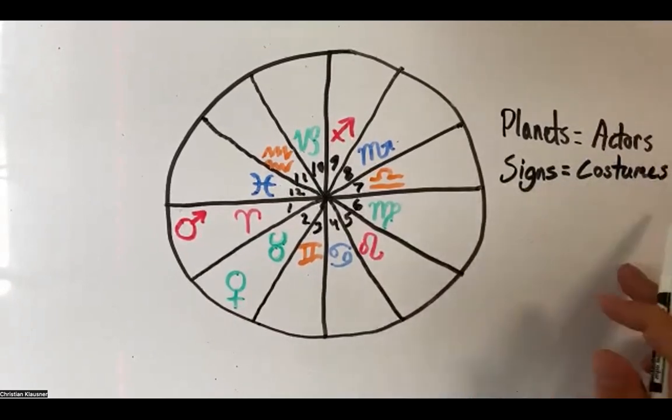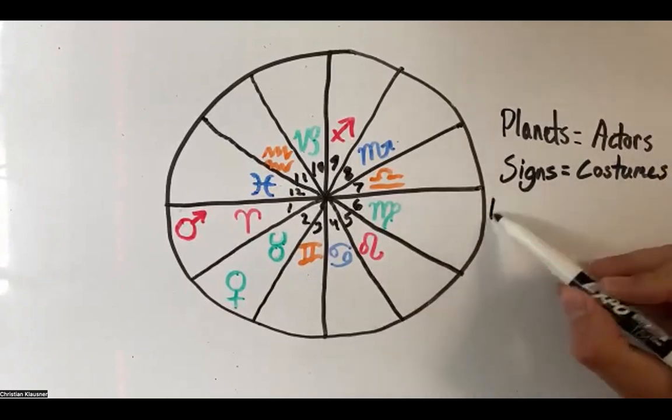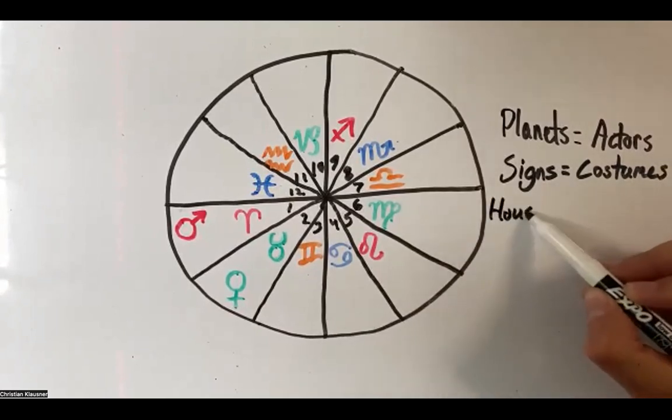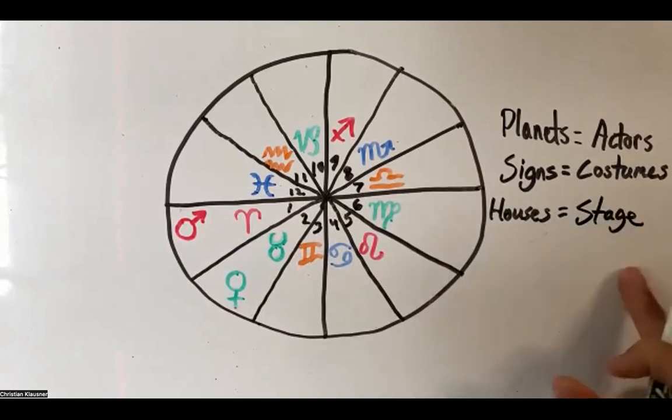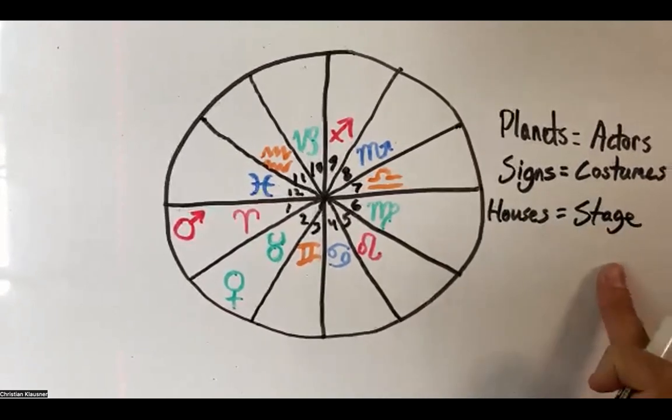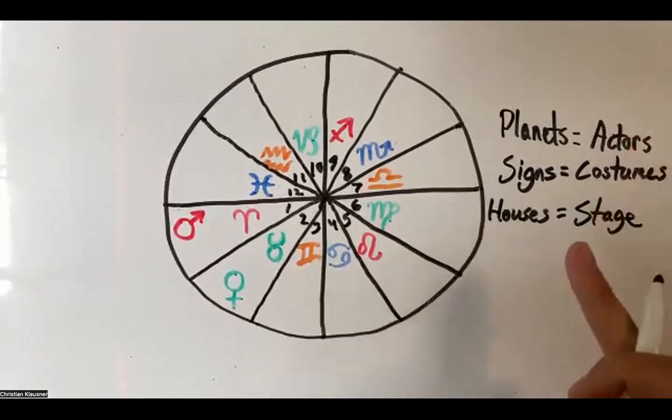The signs are the costumes that they're wearing. And then houses, once we get into houses, you'll understand that the houses are the stage or the setting in which the drama is taking place. And this is how the language of astrology works.